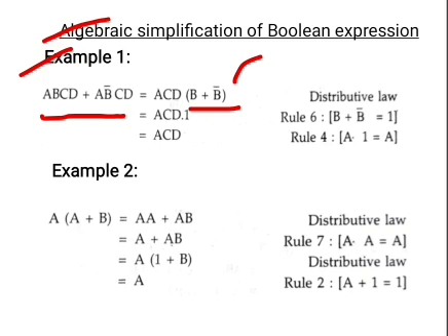You know, in the last session I had explained the rules. So the rule number 6 says B plus B complement equals 1. So ACD into 1. So you know, the rule number 4, A into 1 equals A. Therefore, ACD into 1 equals ACD.